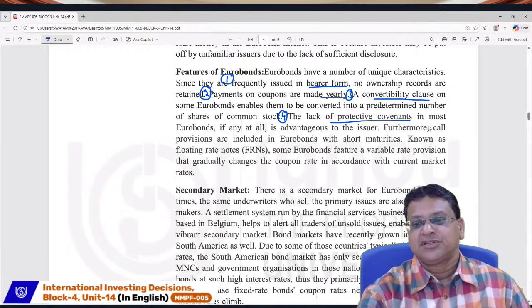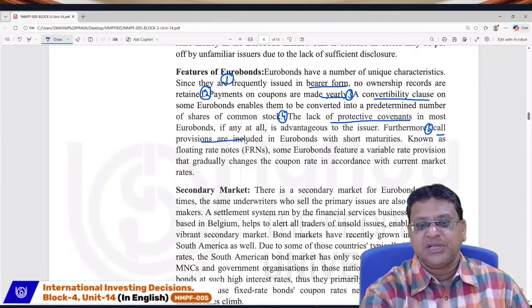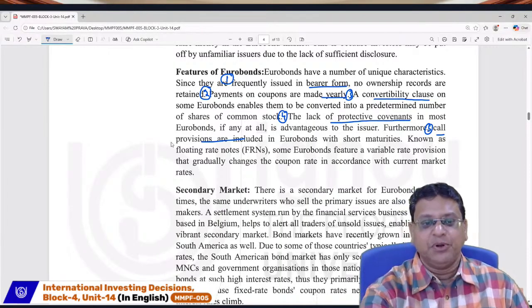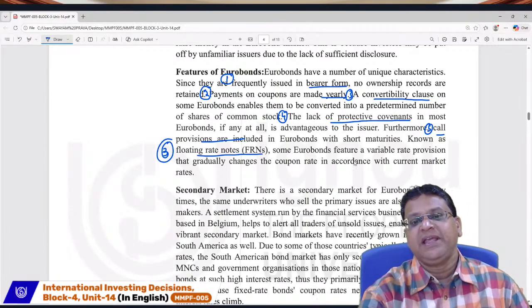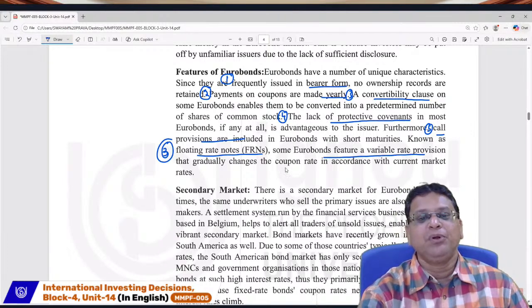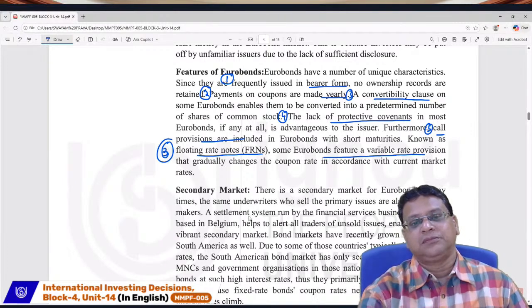Okay, and sometimes a call provision is attached with Eurobonds. And in case of Eurobonds, if the interest rate is not fixed but variable, that is known as floating rate notes. Normally, FRNs are Eurobonds having variable rate of coupon or interest.